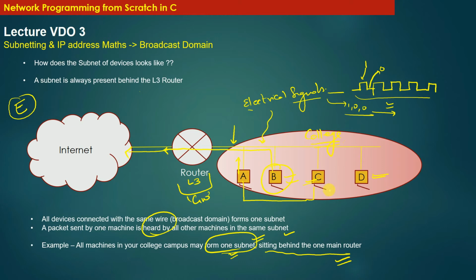So whenever a machine in one subnet wants to communicate with a machine present elsewhere, that is outside the subnet, then all the data transmission happens through the boundary or gateway L3 router of the subnet.